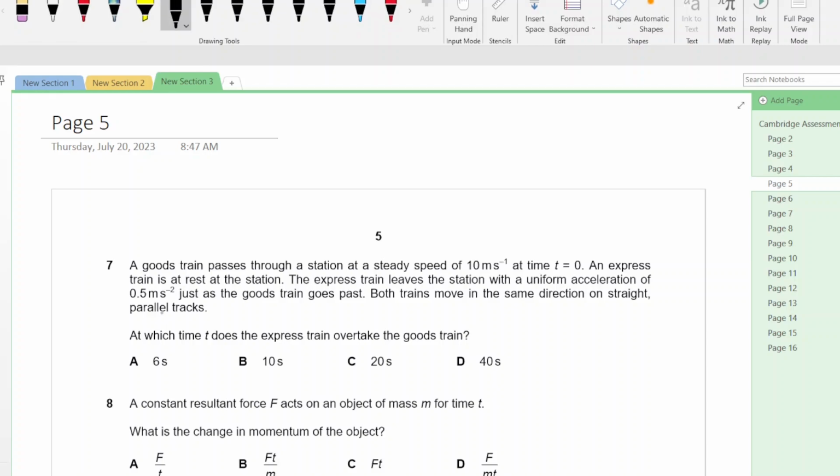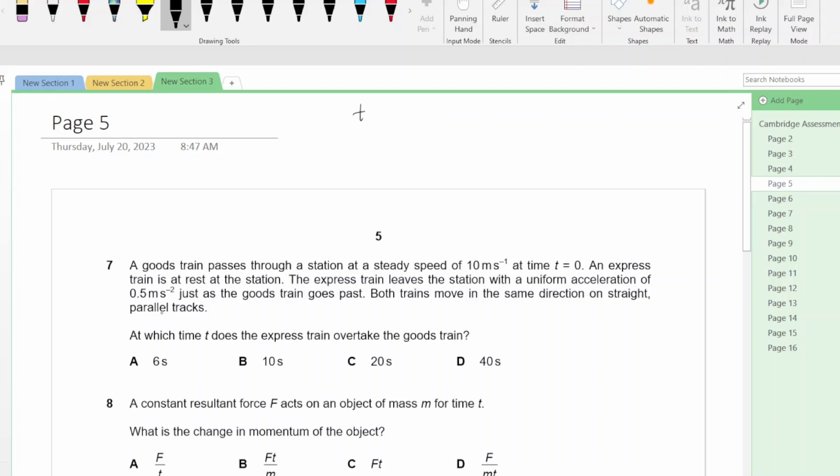Let the time when the express train overtakes the goods train be t.